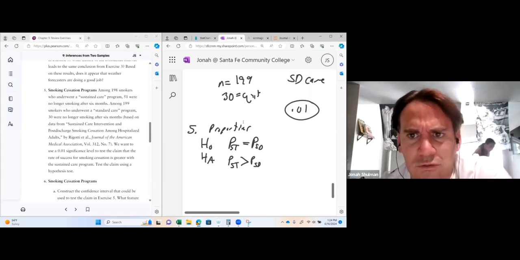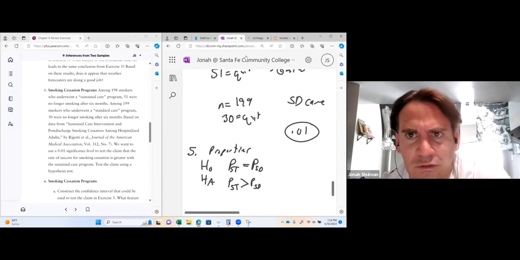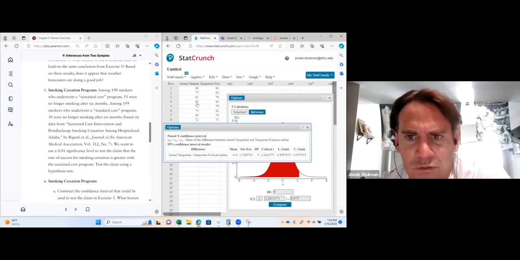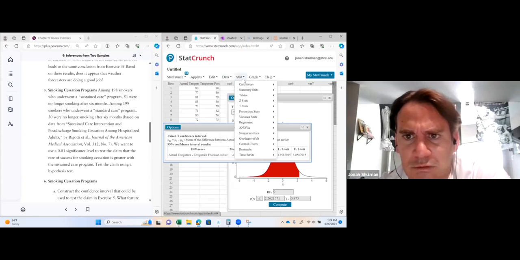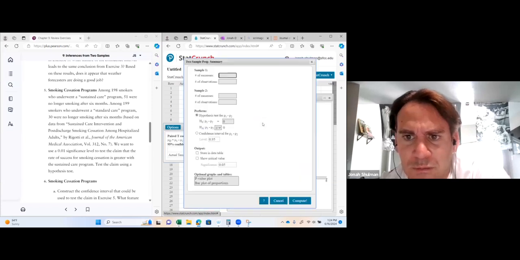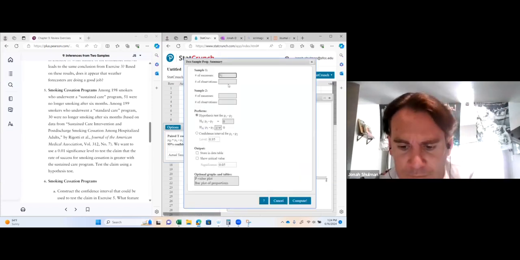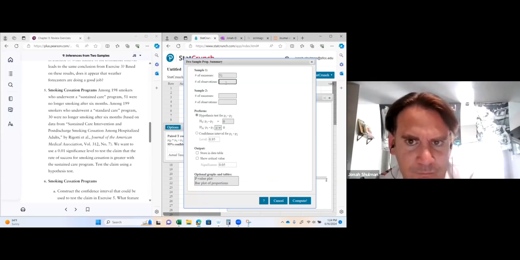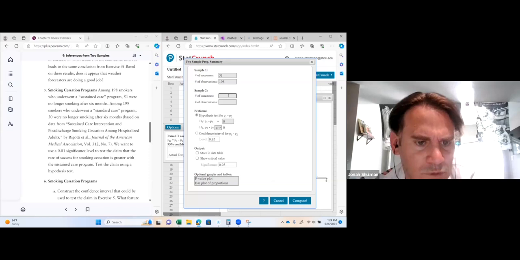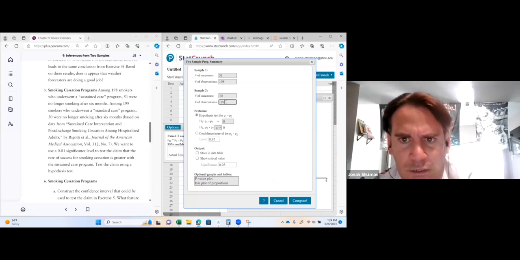We have the values, right? 198 to 51, 199 to 30. So all I'm going to do is go to stat, proportion, 2 samples with summary. The first one was 51 out of 198. The second one was 30 out of 199.